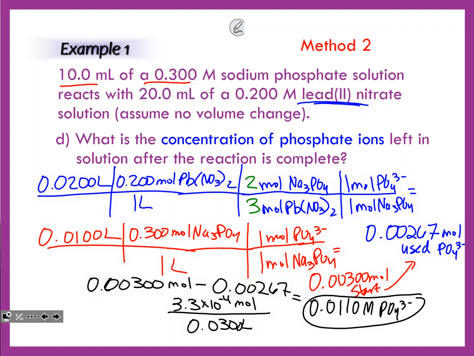So as you can see, this number is very close to the other number we did. But if you do the limiting reactant way on solutions, it takes a lot longer. So subtract the moles first of the products and work it to the excess. It's much easier than doing this way, right? But you see, you can get the answer this way, it's going to take longer.